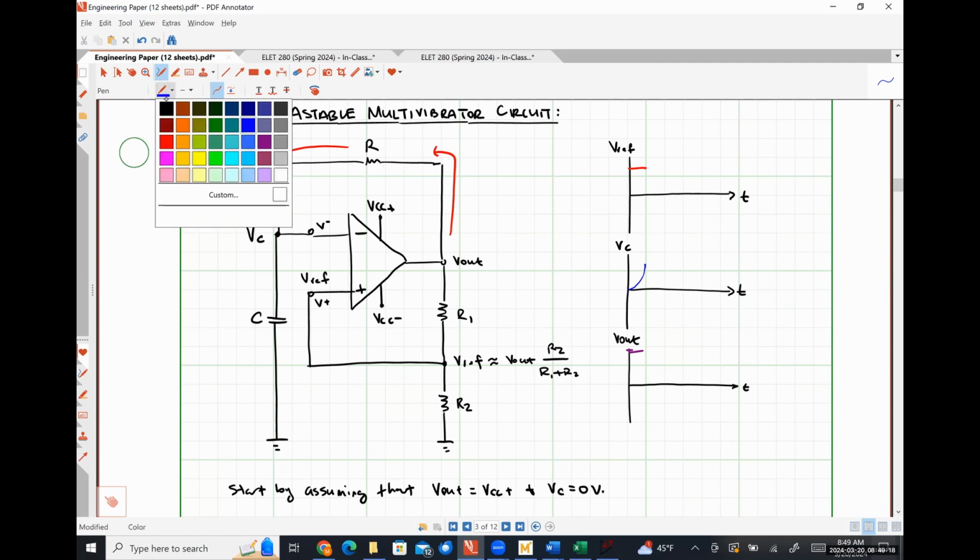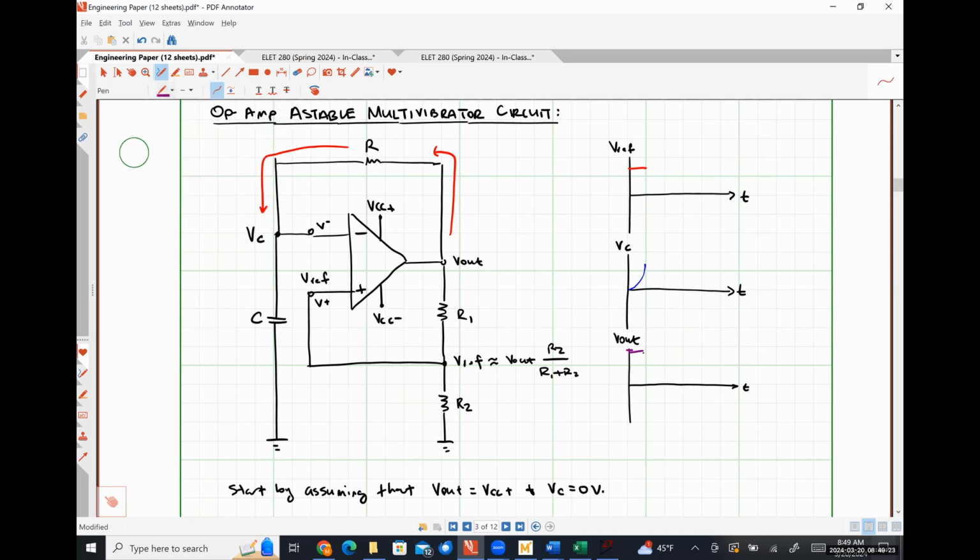So V out is going to drop because effectively our input voltage, VC, which is tied to the inverting input terminal, once it exceeds the reference voltage, it's kind of working like an inverting comparator.